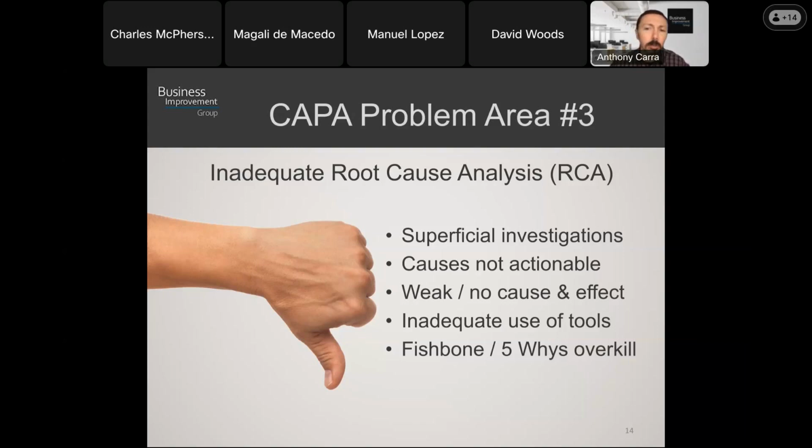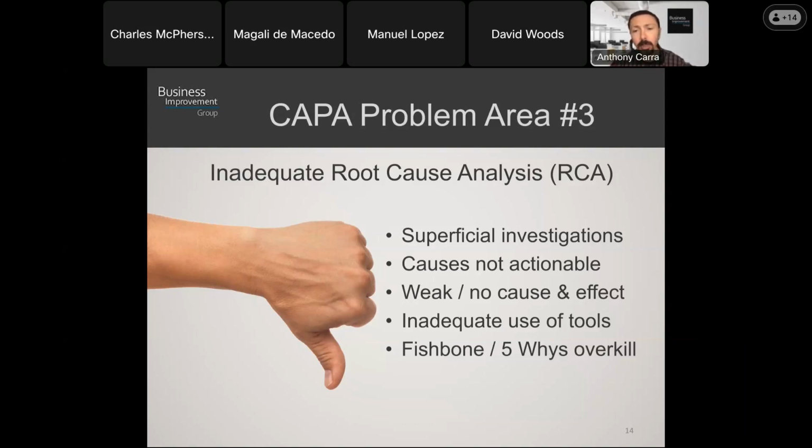But it could just be subjective, things that folks just feel could have led to the nonconformity, and they'll make that statement with no strong objective evidence to back it up.